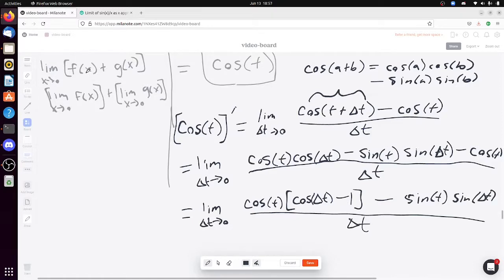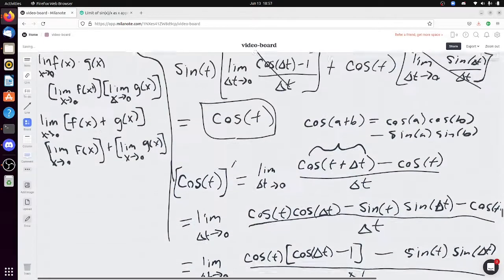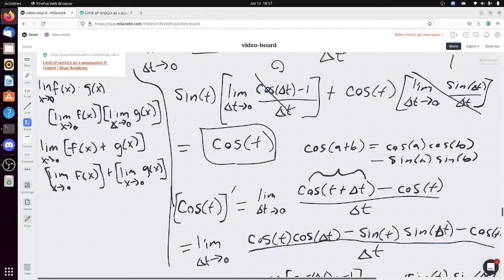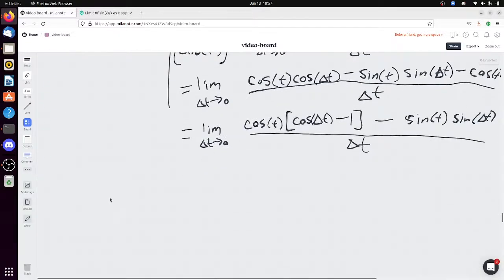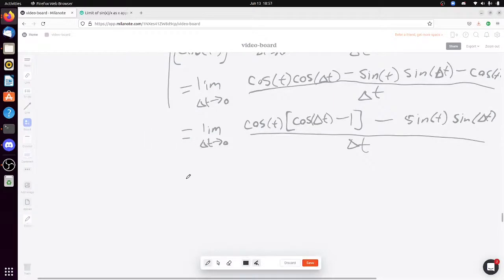And we're just going to use the same kind of product and sum rules for limits, that you can basically distribute limits into products or sums of various functions. Then that would apply the following.